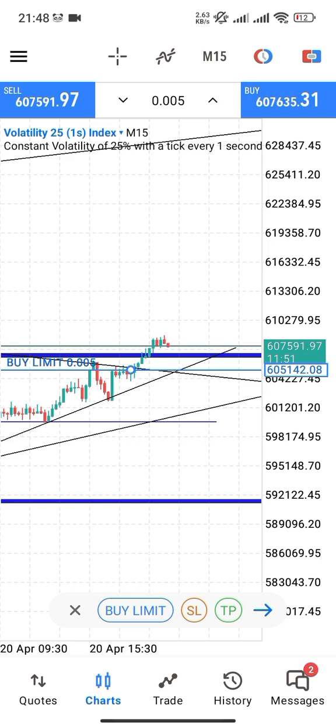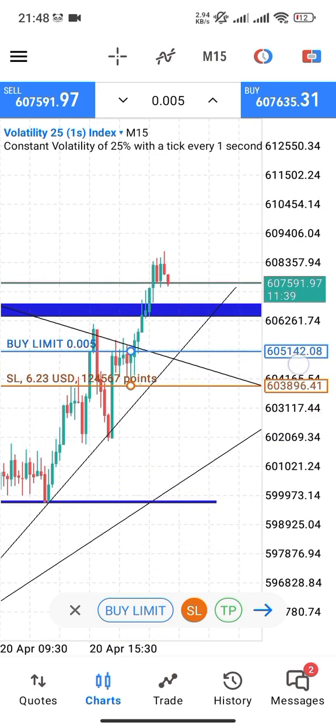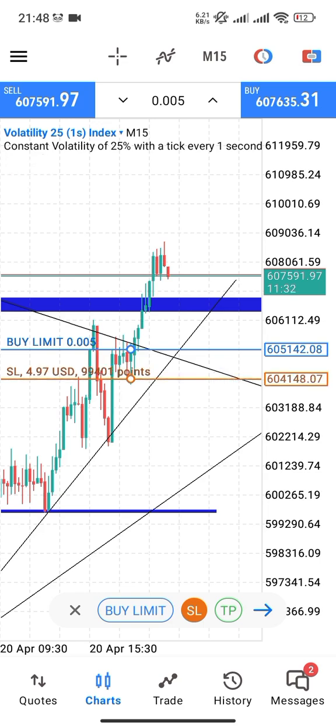And remember, I told you, to be on the safer side, I'm doing 50% of the account for my SL. So if I have an SL of $5, you can see it's still very, very small.